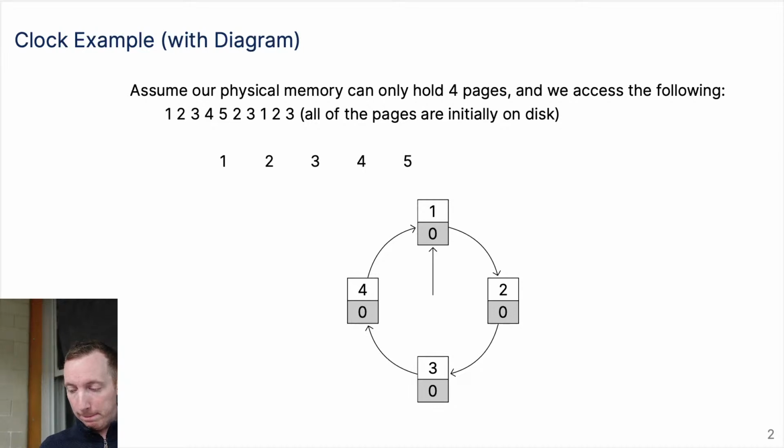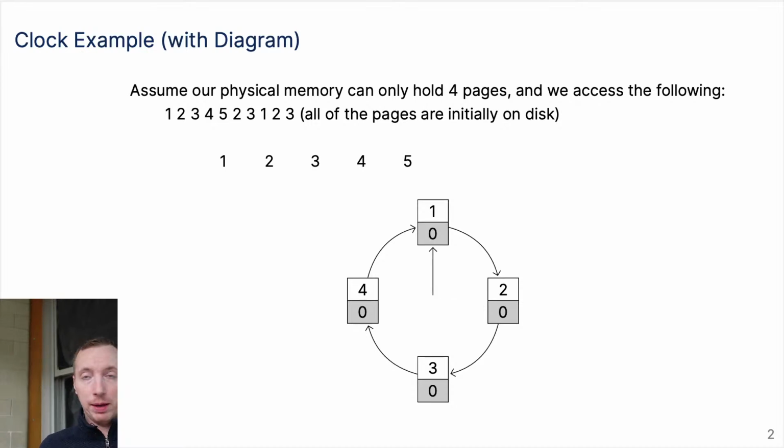After we update, we should use the hand, right? Sorry? If you go to 2, and then you have to update 2. So this is what it looks like after we swapped in 5.